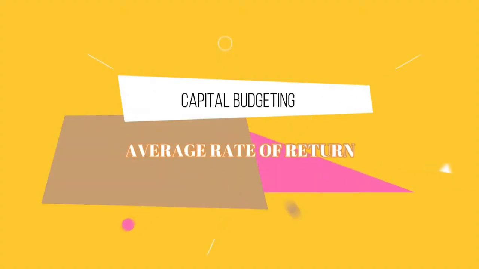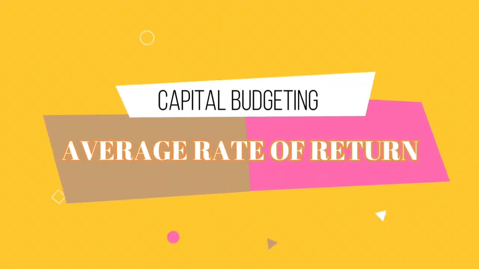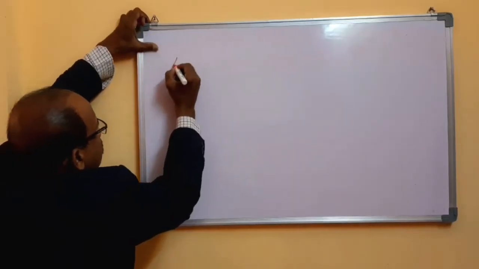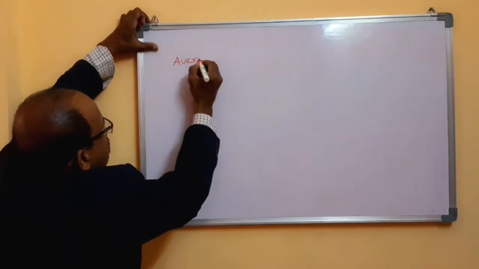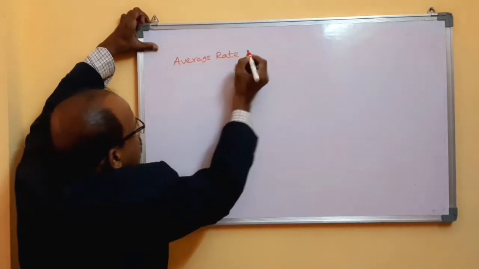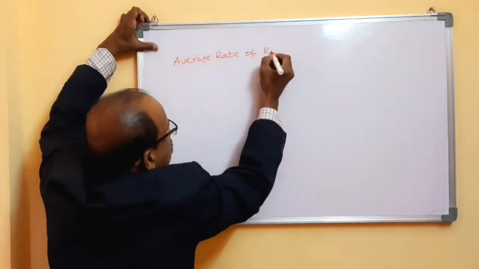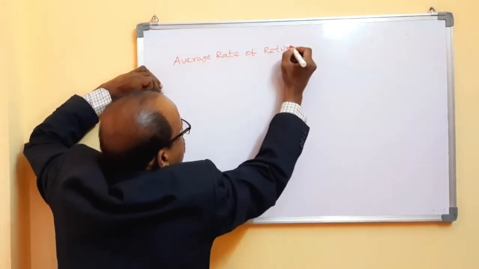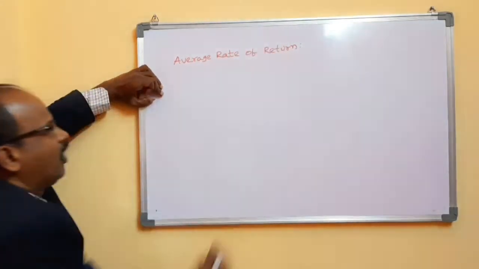Now we calculate average rate of return. This is the next technique in traditional methods. Average rate of return. What is the formula?